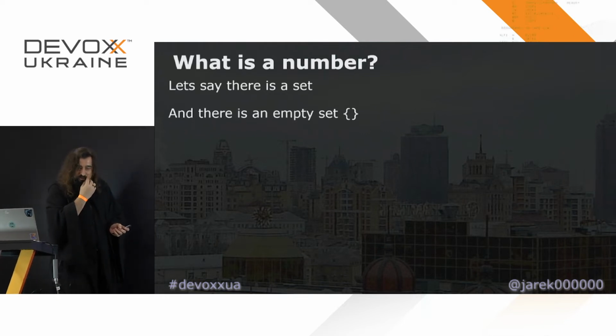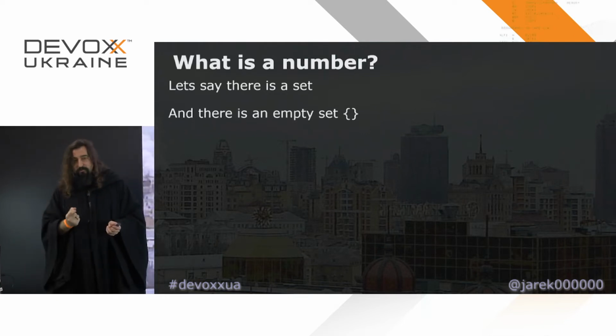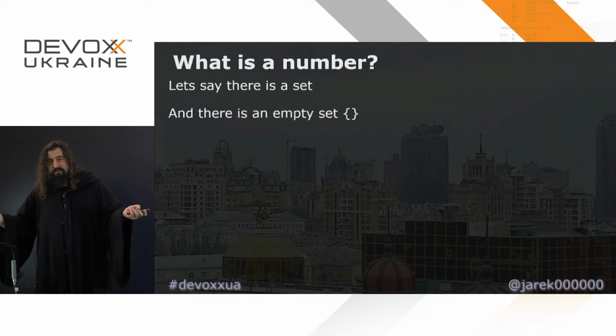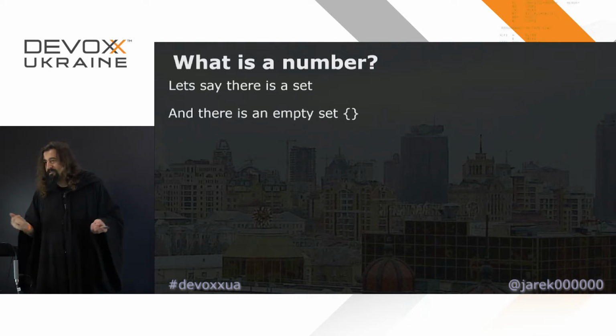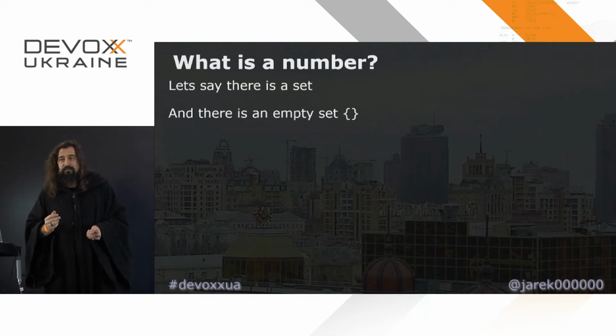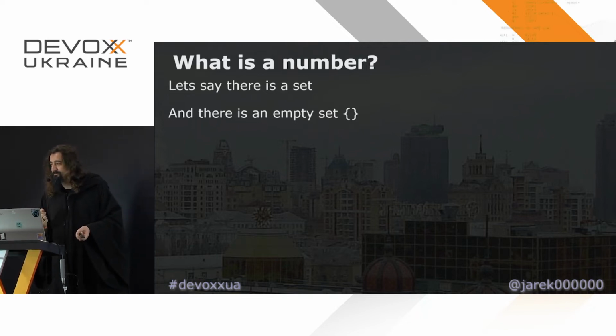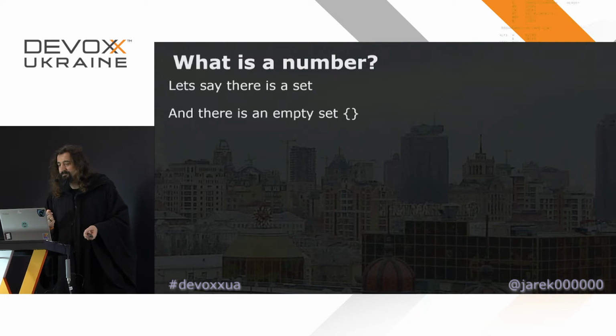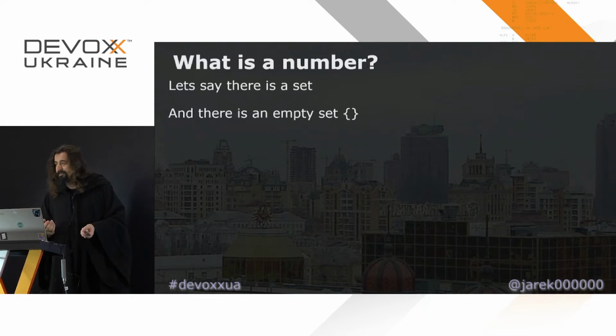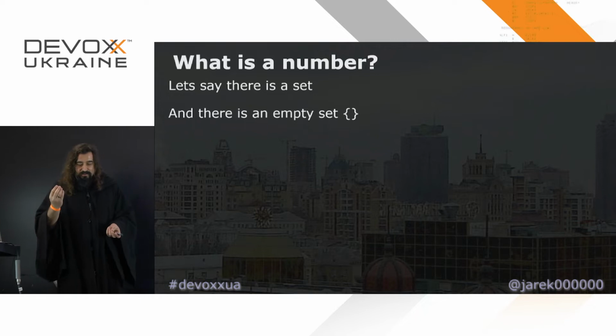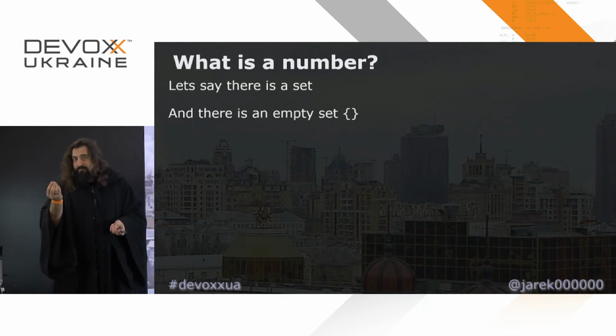But there is a question now. Can we introduce something more in this empty space? Another set. Would that be possible? What would be the next thing that we can have? The point is that you can have the empty one.